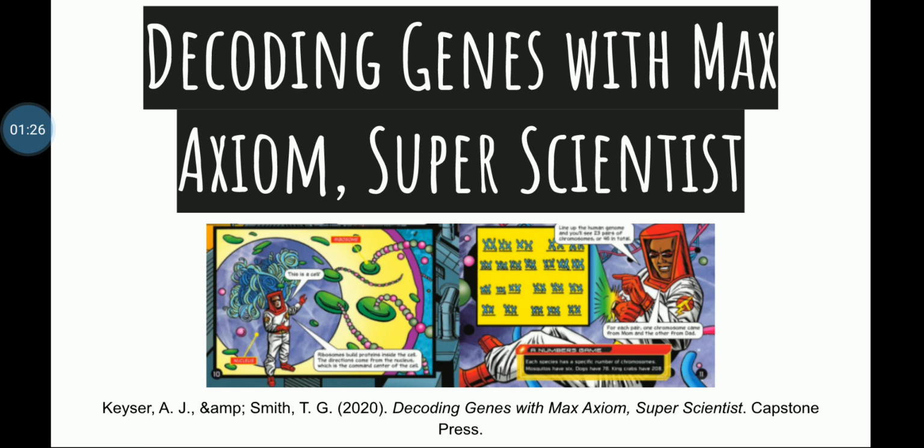The third piece of reading that we'll be using is another accessible text. This one is called Decoding Genes with Axiom Super Scientist. So this is great because it's a graphic novel. It follows scientist Max Axiom as he shows the genotypes and phenotypes of different organisms. He talks to Gregor Mendel about his findings, visits the inside of a cell modeled like a factory.